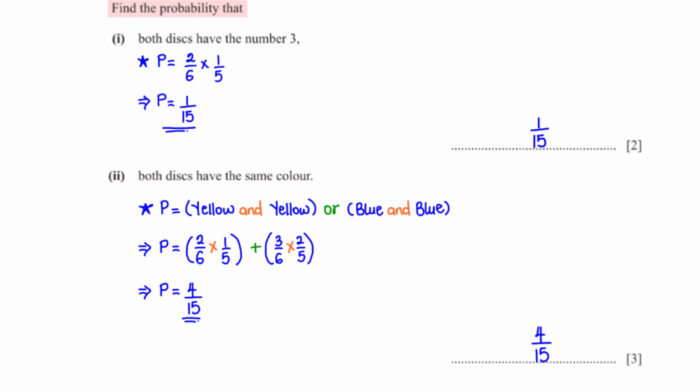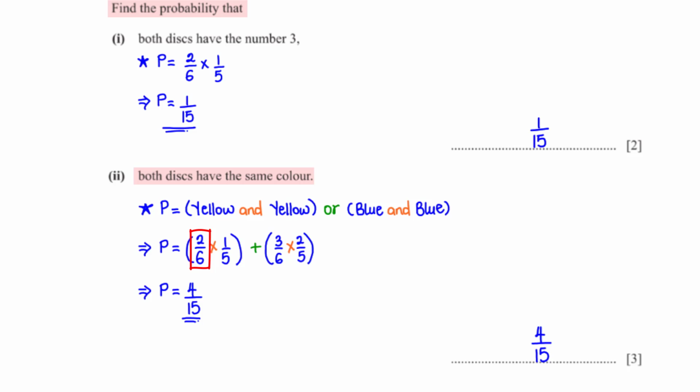Find the probability that both discs have the same color. This probability has two scenarios. In the first scenario, two yellow discs are picked, and in the second scenario, two blue discs are picked. The probability of picking a yellow disc in the first pick is 2 over 6.